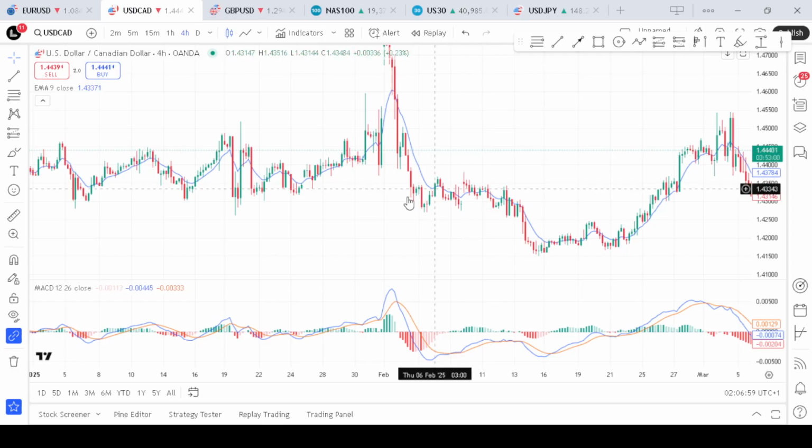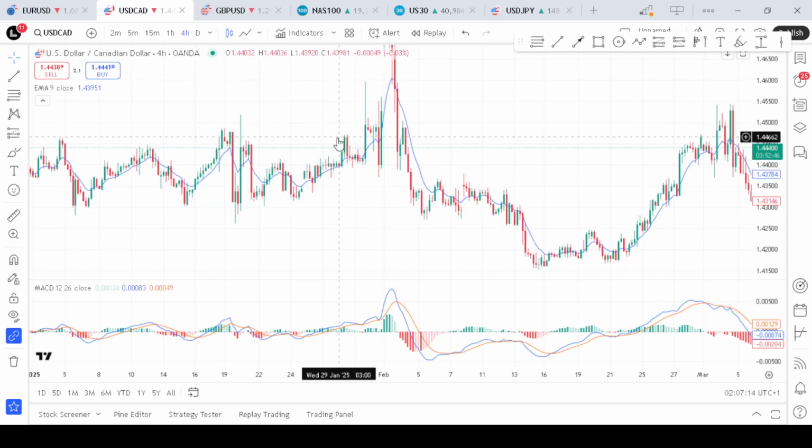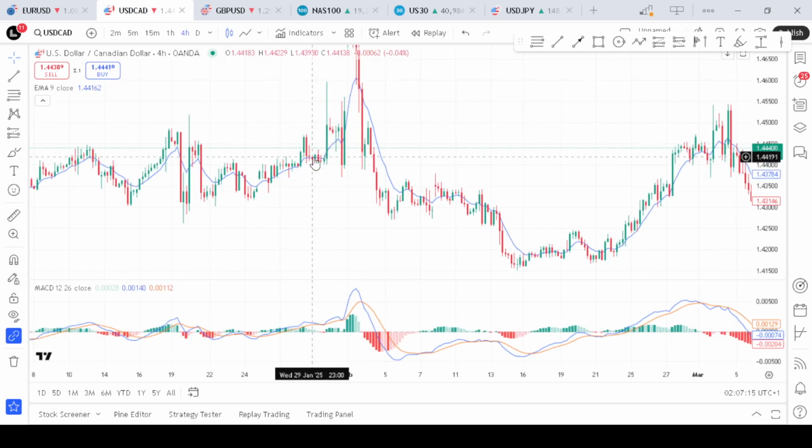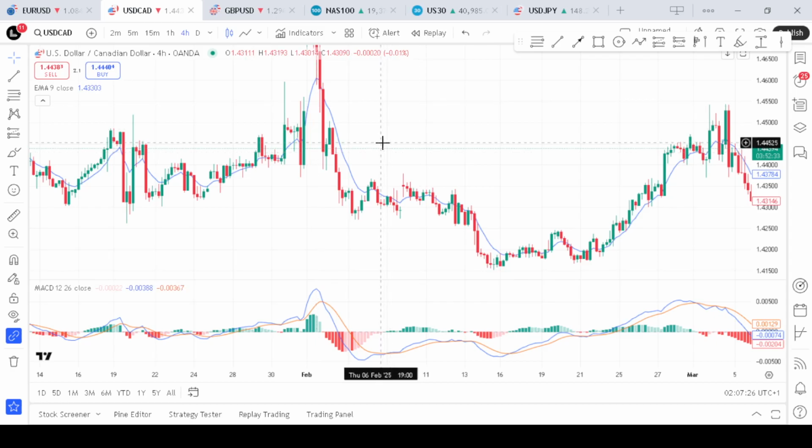So we start by understanding what lagging indicators are. Lagging indicators are technical tools used in Forex trading to confirm price trend after they have already started. The key word here is after they have already started. They rely on historical price data to help you identify whether a trend is strong or likely to continue.